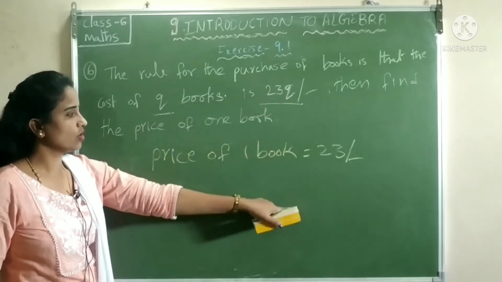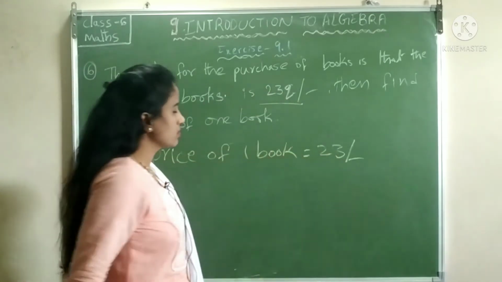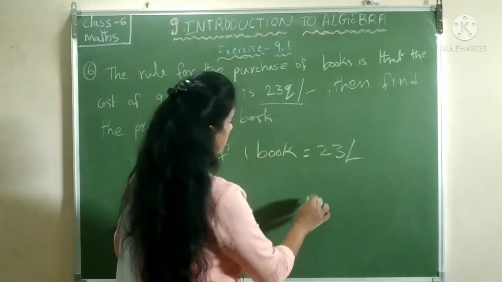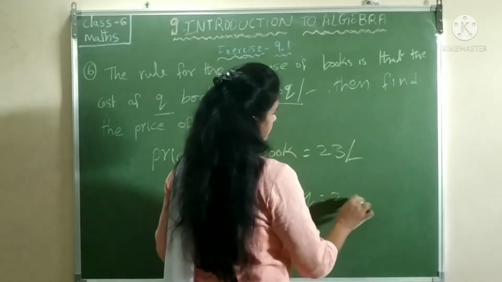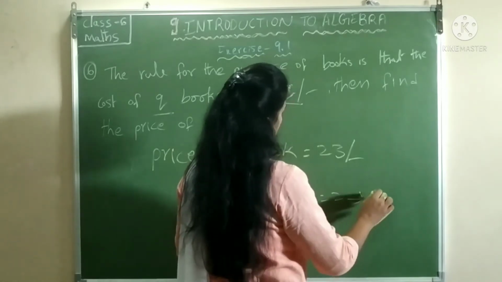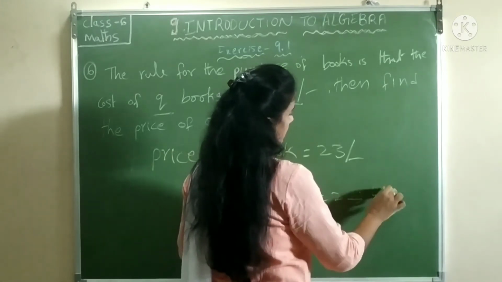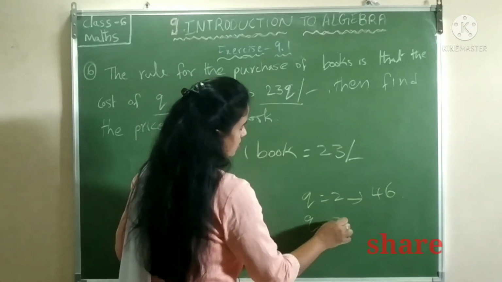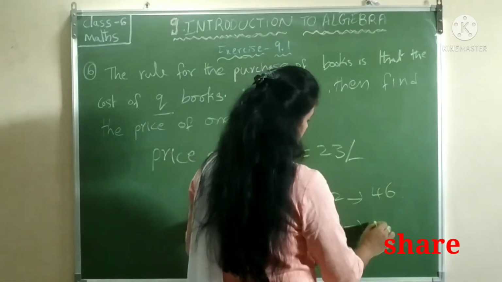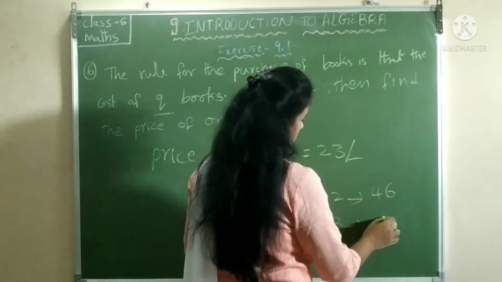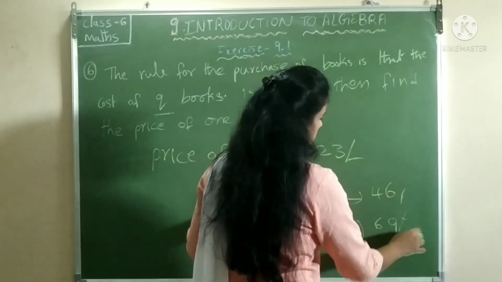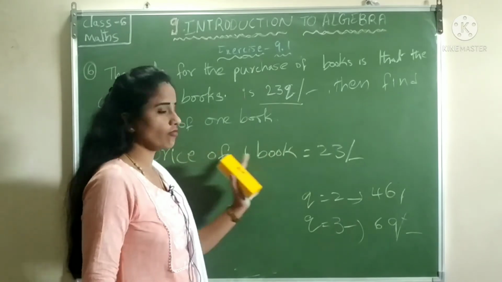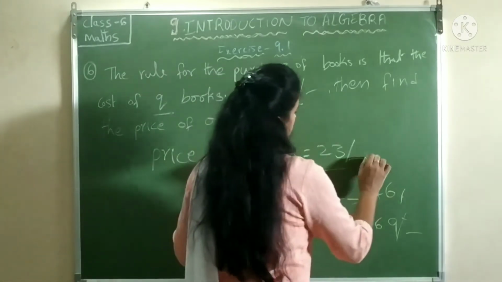Suppose Q is equal to 2, then 46. Suppose Q is equal to 3, then 69 rupees, like that. So Q is equal to 1: the price of one book is equal to 23 rupees.